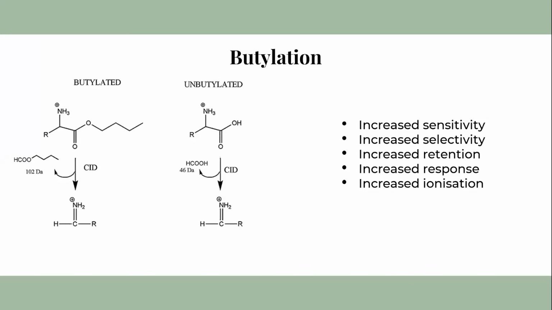That means that there would be better retention on a C18 column. The sensitivity and the selectivity, together with the response and the ionization, will be increased with the use thereof.